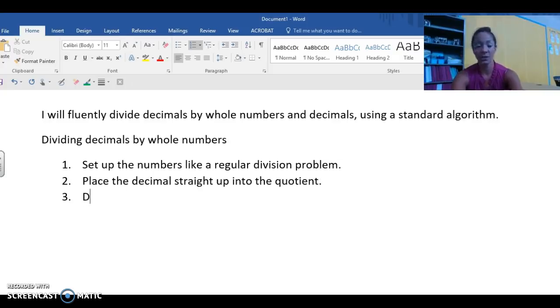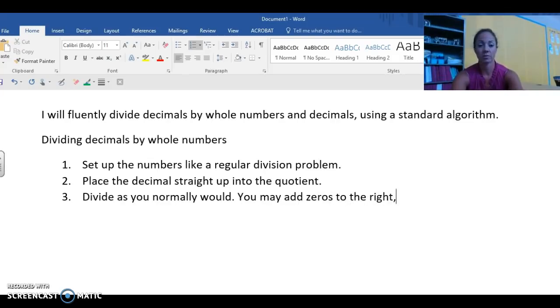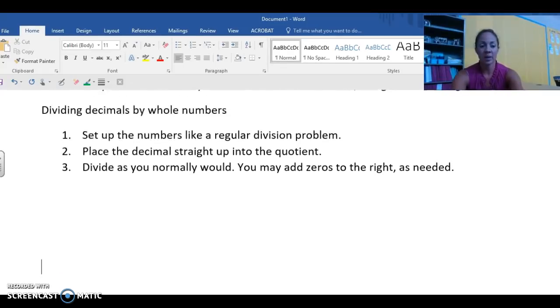And then number 3, you just divide as you normally would. You may add zeros to the right if you need to. So make sure you pause several times so you can get all of this in your notes. And then I'll show you what it is you're going to do.